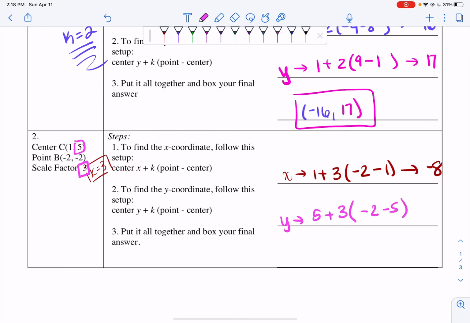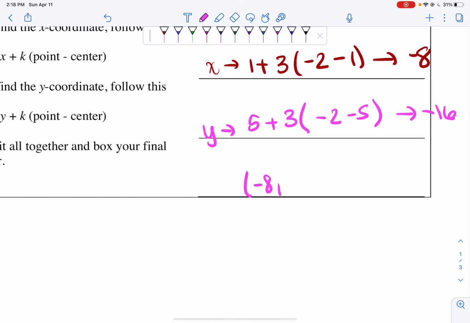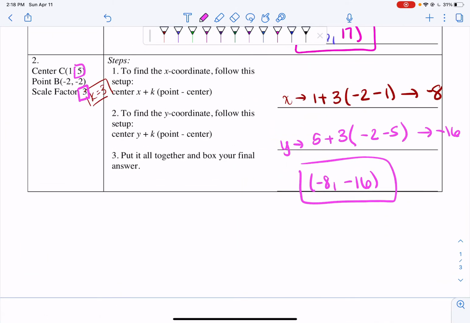And the reason why we're doing those values is because we're dealing with our y values. So now we type this in. And we get -16. So our new answer is going to be -8, -16. And that is your final answer.